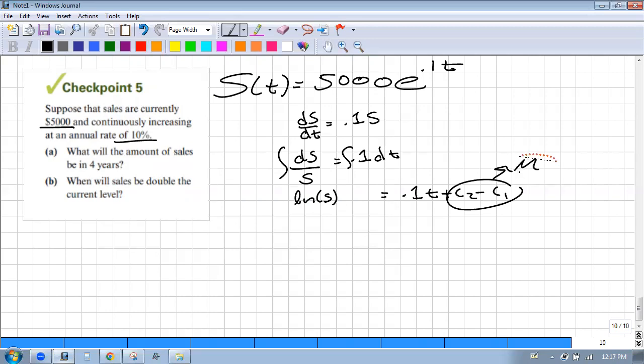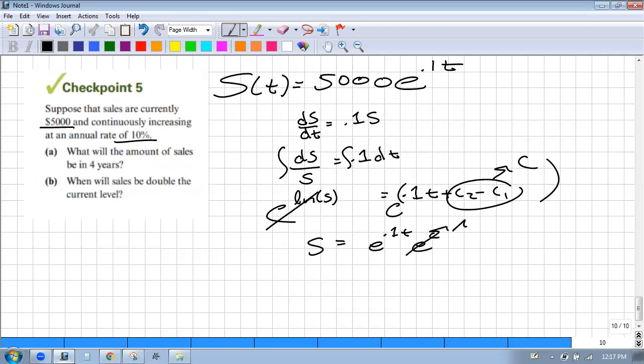No, let's call it c. They call it c. It's still a constant. Do e to the power of both sides. So S is e to the 0.1 t times e to the c, and we'll call this m. So S is m e to the 0.1 t.